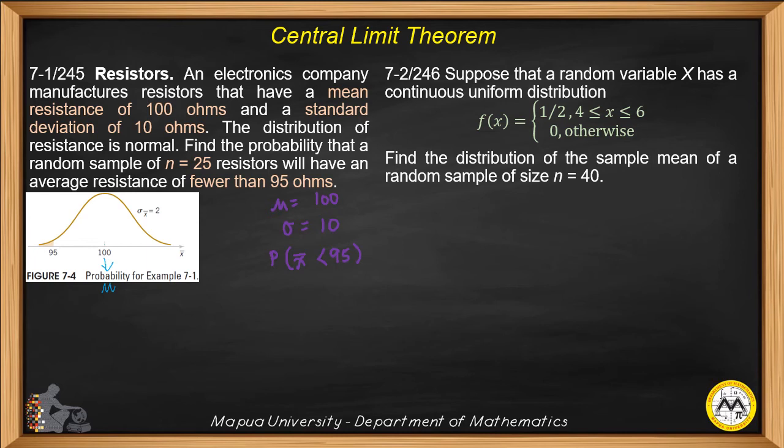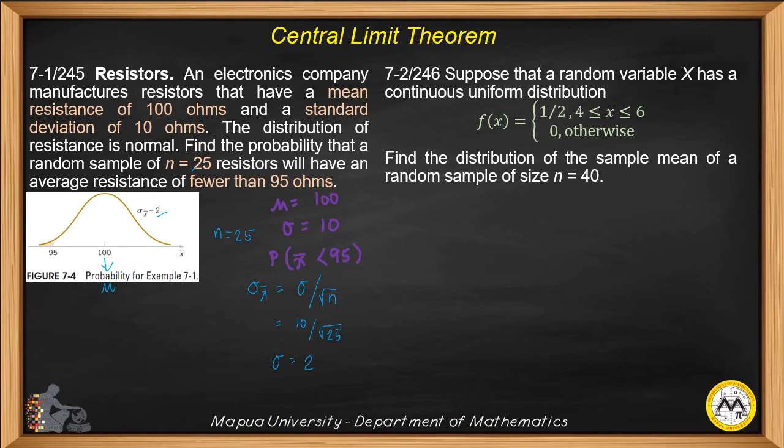The standard deviation of the sampling distribution is sigma over square root of n. So that would be equal to 10 over square root of 25 because n is given as 25. So sigma is 10 over 5, which is 2. That is why the standard deviation of the sampling distribution of the mean is 2.